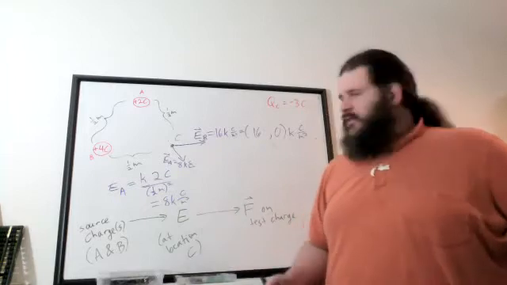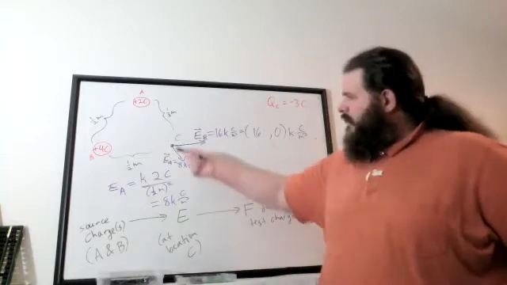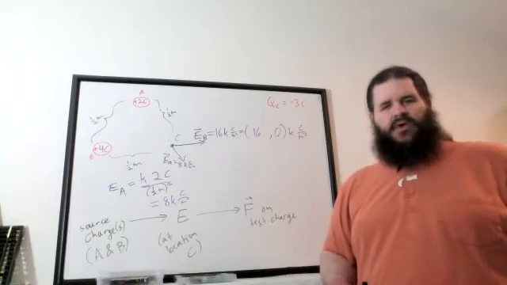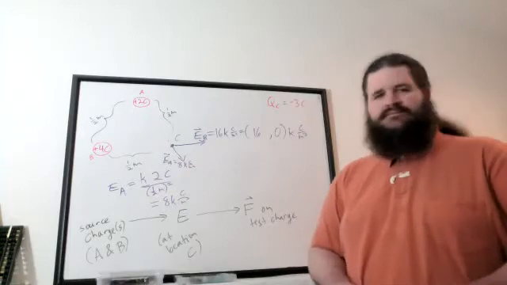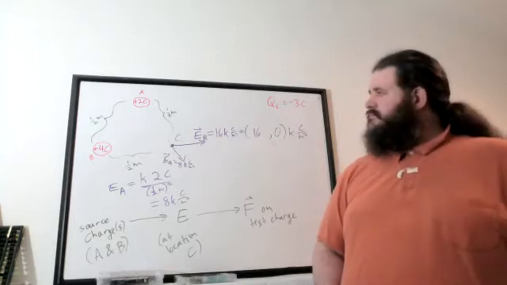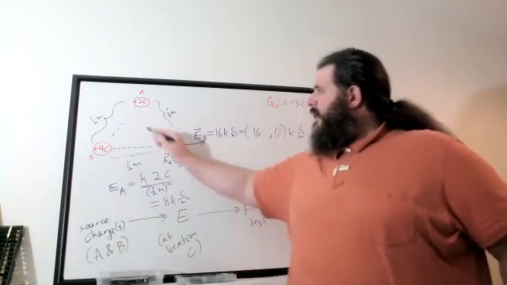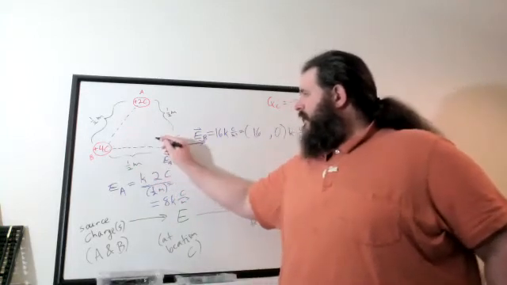EA, though, we're actually going to have to split up. Do we know anything about the angles involved in EA, or the angles anywhere else here? Yeah, since all the distances between them are the same, then all the angles in the triangle are 60 degrees. This is just a 60, 60, 60 equilateral triangle.